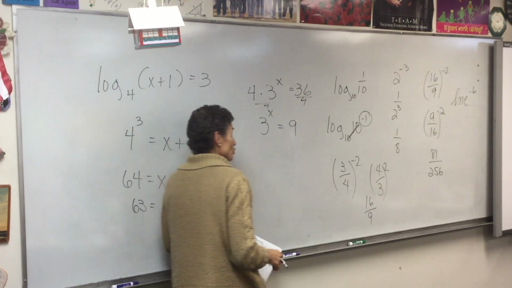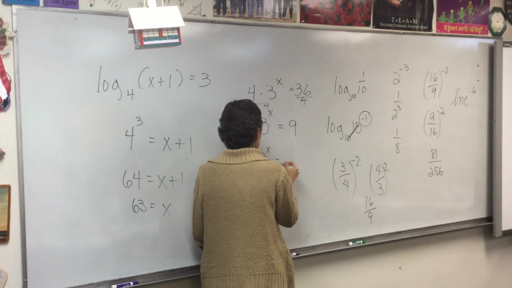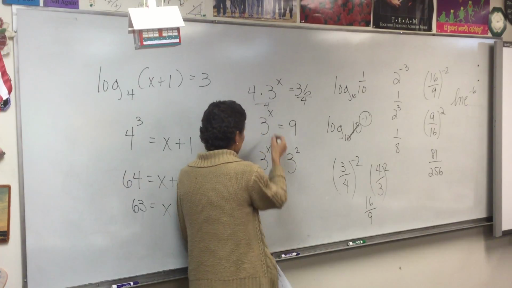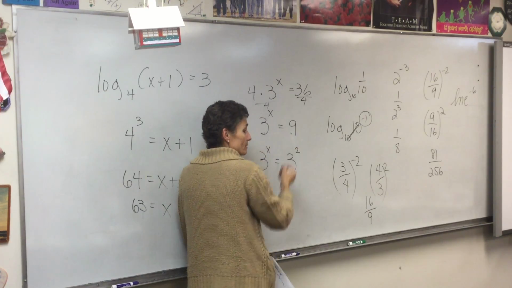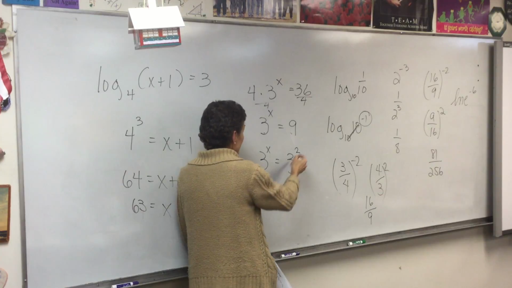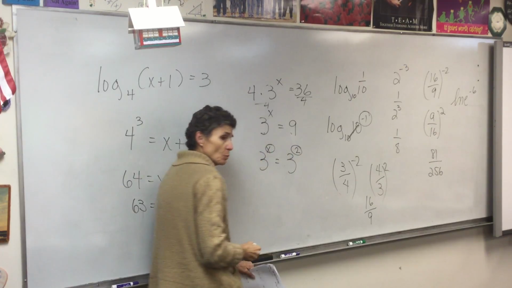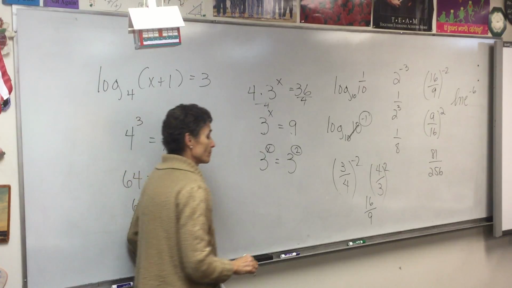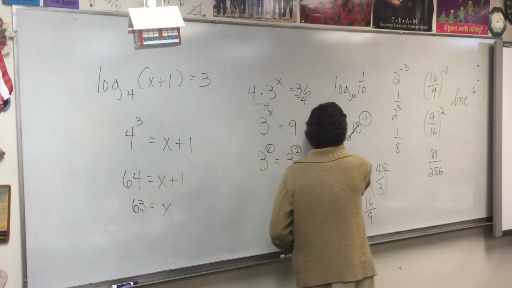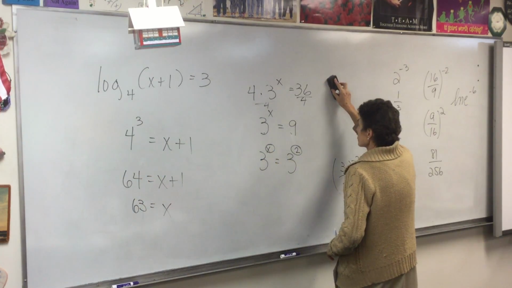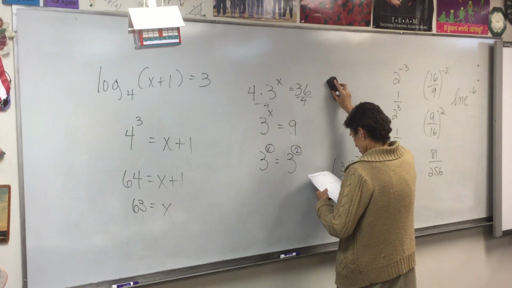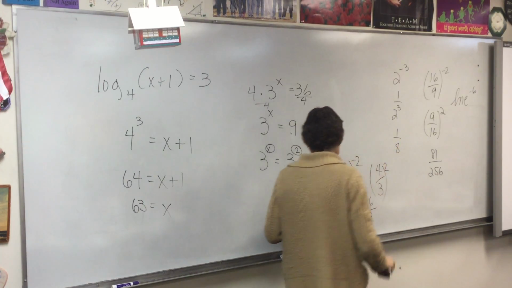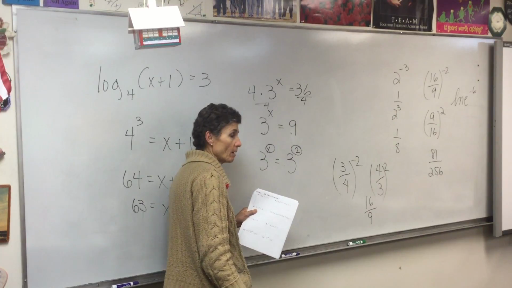Exactly. This is just like the quiz question we had. We need these two numbers to match. So 9 is 3 squared, and that means what? X equals 2. Okay, I'm on problem B. There aren't any log 4s in problem B.